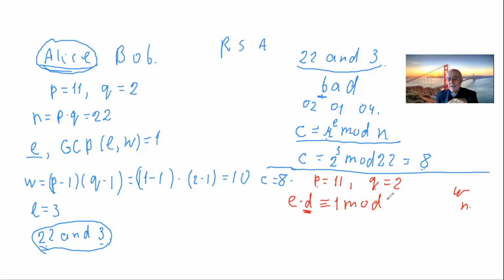Now my question is, what should I write here, W or N? W is P times Q. It must be W. Yes, very good, Salome.